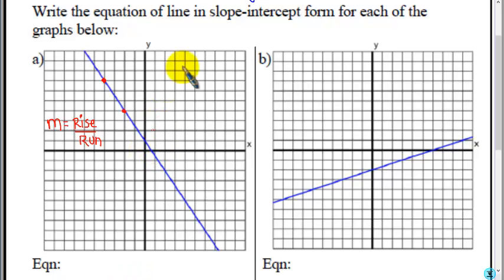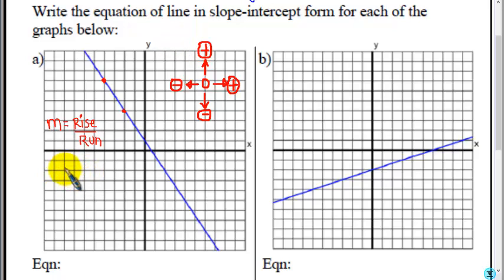All right. If I go up, that would be positive. If I don't move up or down it is 0, but if I go down it would be negative. And also if I move to the right it will be positive, and if I go to the left it will be negative.